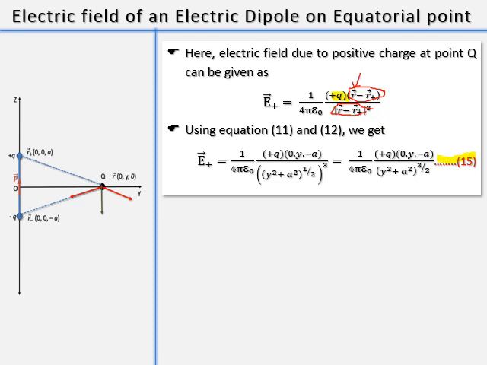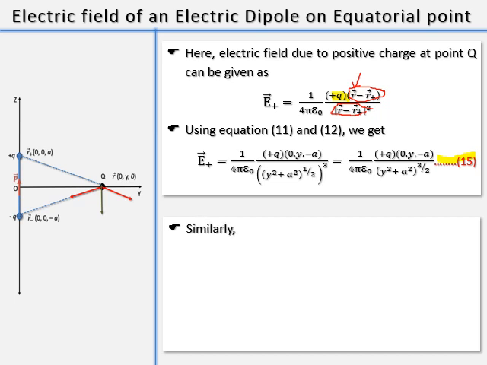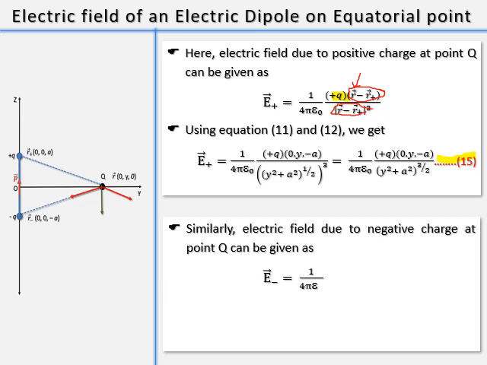Very similar is the electric field of the negative charge at point Q. If we denote it with E negative, it is 1 by 4 pi epsilon 0 times minus q.